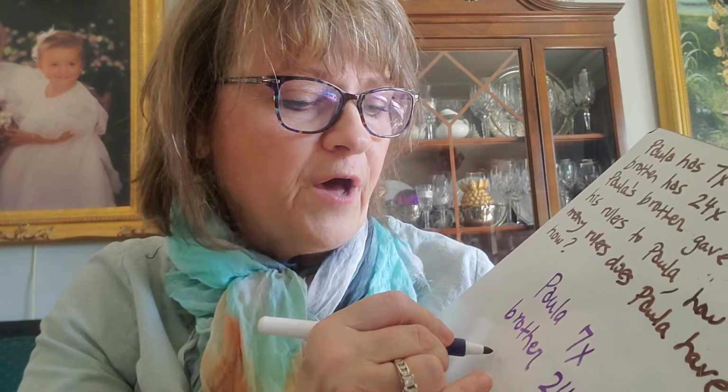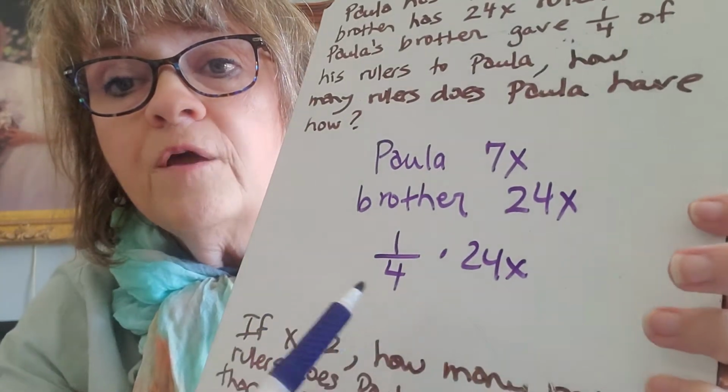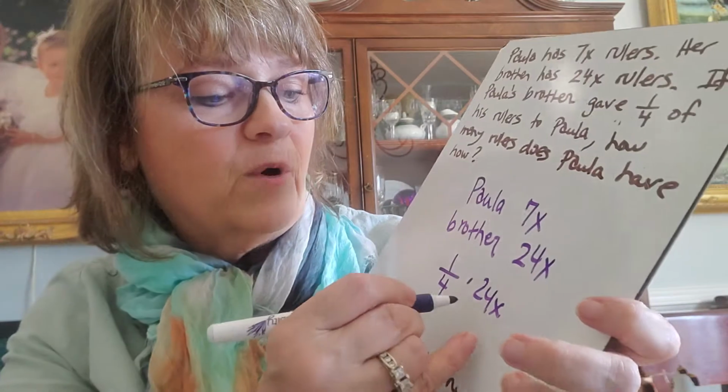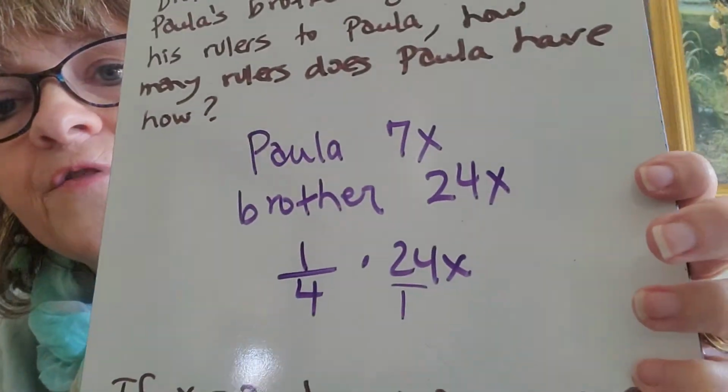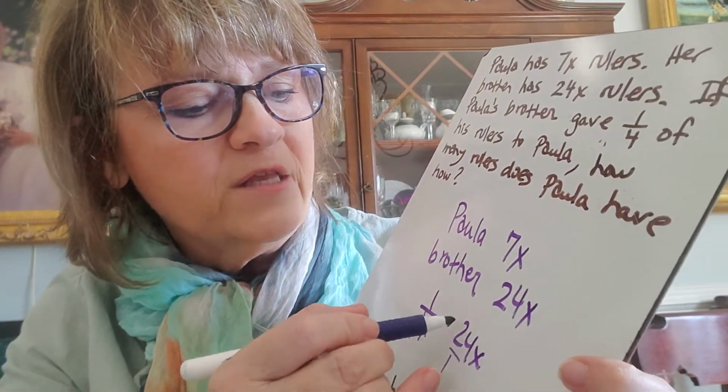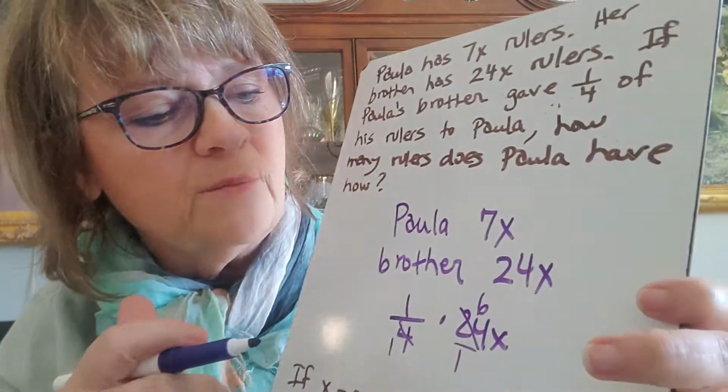So if brother gave 1/4 of, there's a times mark, of his rulers, 1/4 of 24x, what does that leave me with? Well, as you recall, we can put a little 1 under that 24, do a little bit of canceling. 4 goes into 4 once, 4 goes into 24 6 times.